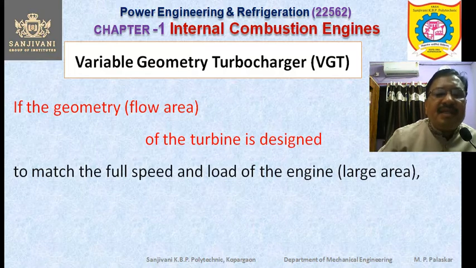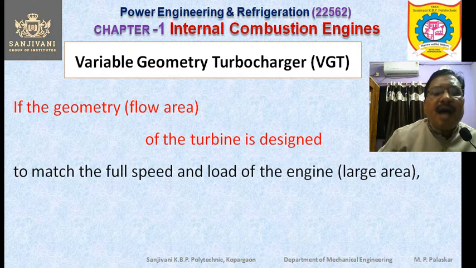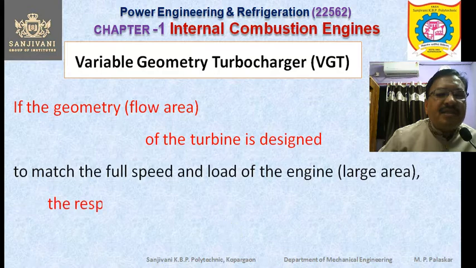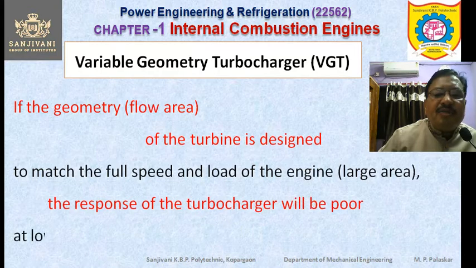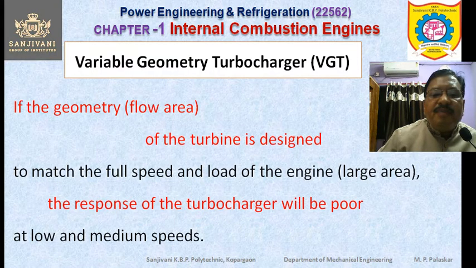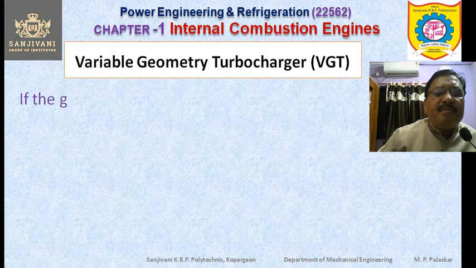If we design the turbine for the higher speed, full speed of the engine, then the response of the turbocharger will be poor at low speeds, and it also will not be so good for the medium speeds. So this is the problem in one case.